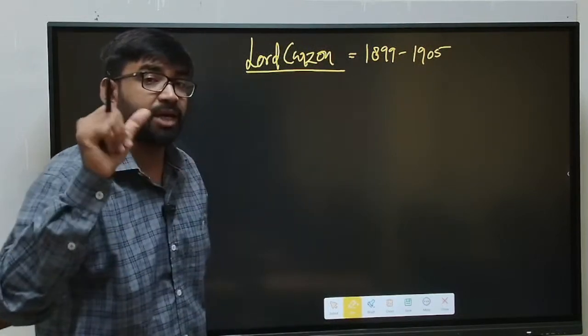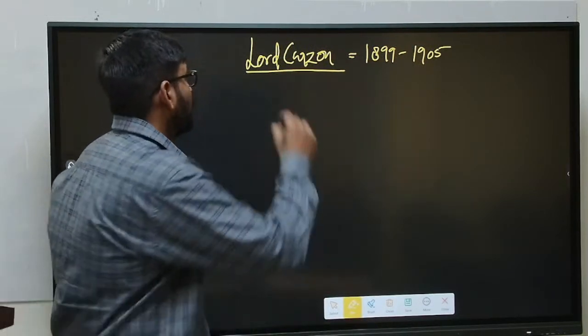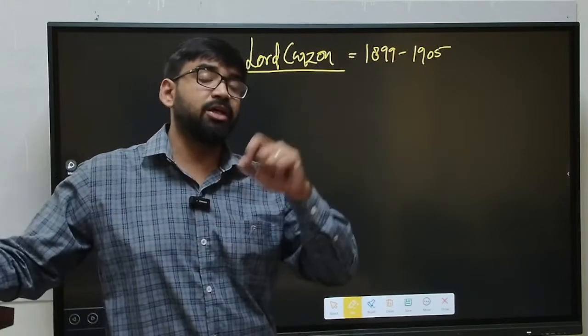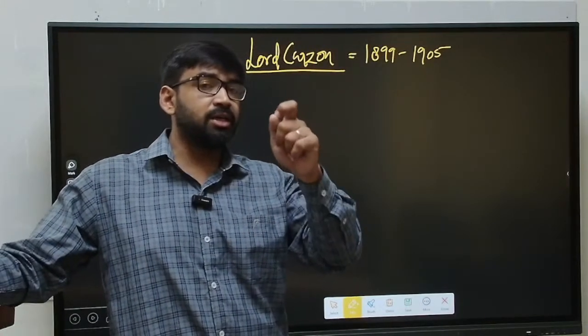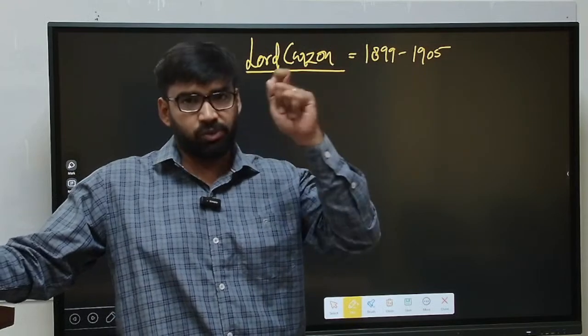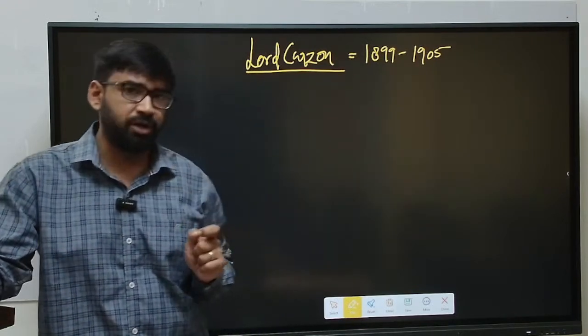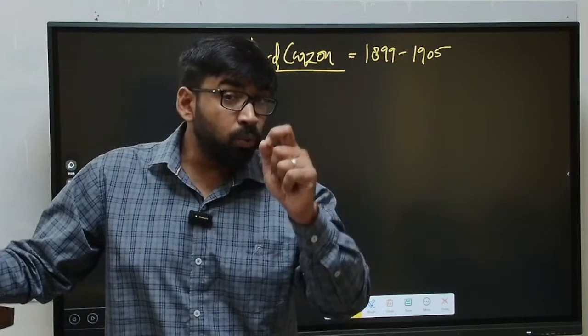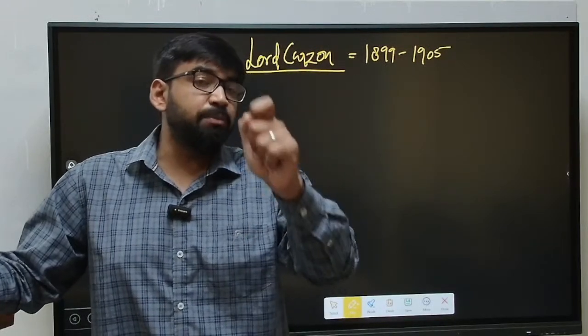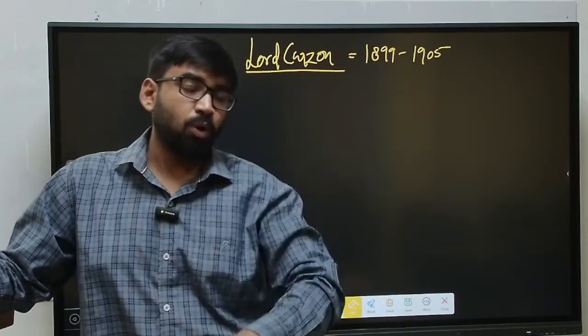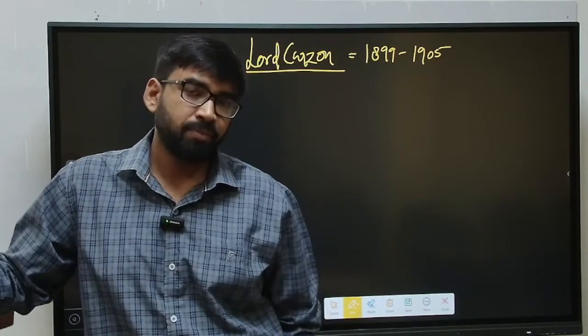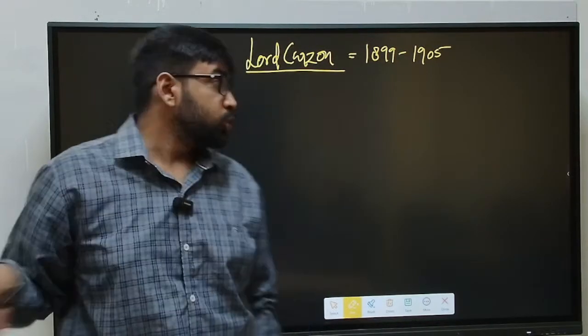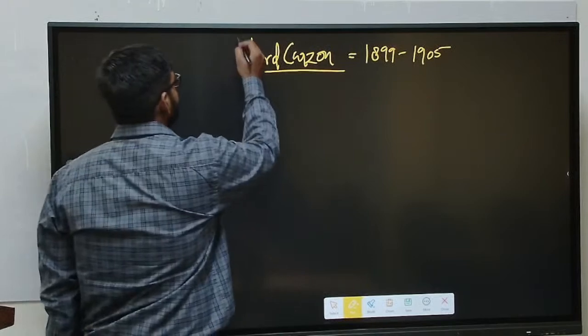Now you need to understand the background. Why was he sent to India? It is said that Lord Curzon is the only viceroy or governor general of India who knew around 80% of India or Indian society.